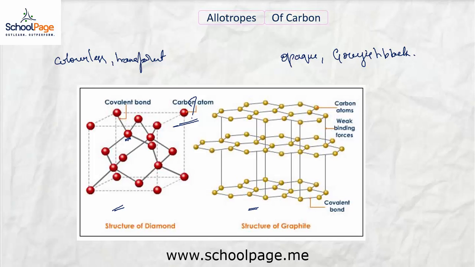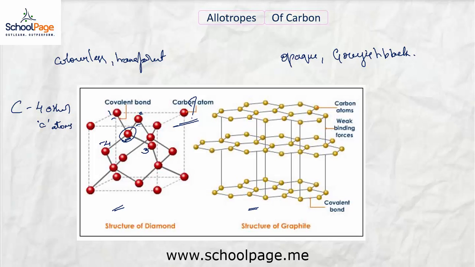Here is the carbon atom. Observe that each carbon atom is linked to 4 other carbon atoms in a diamond. This is 1, 2, 3 and 4. So each carbon atom is linked to 4 other carbon atoms.